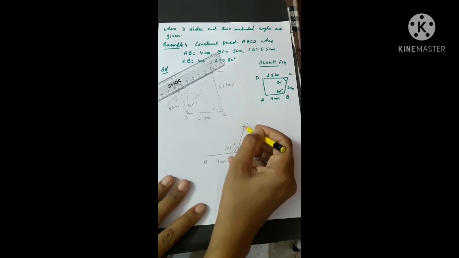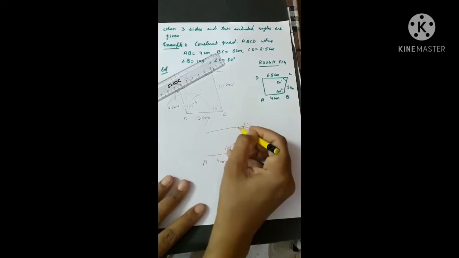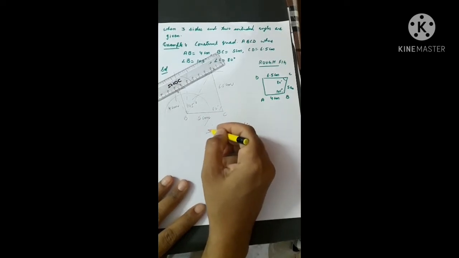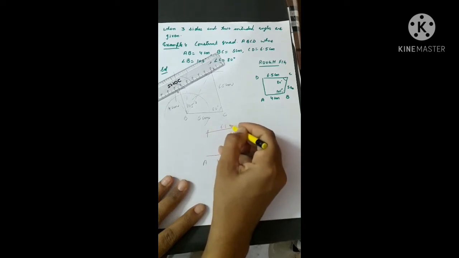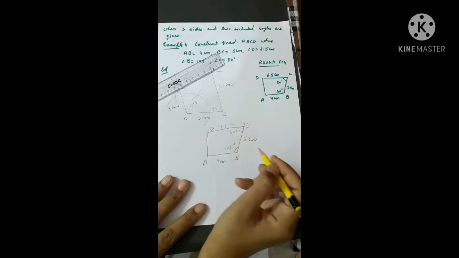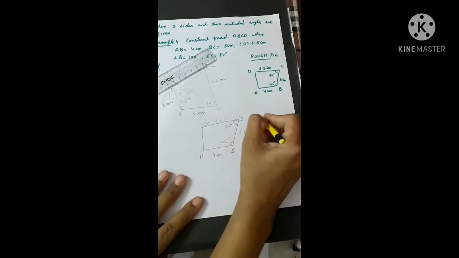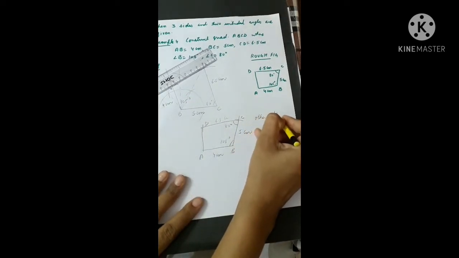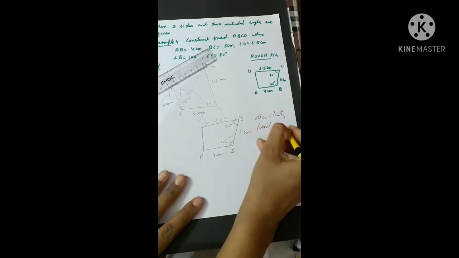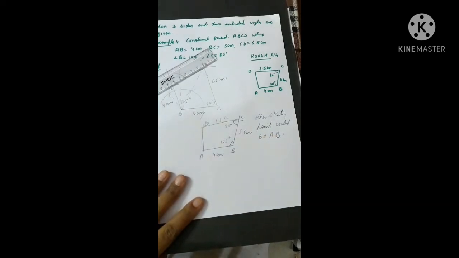Then CD is 6.5, so from here I'll cut an arc of 6.5 centimeter. And then I will join D and A. So the other starting point could be AB. You can think of some other also.